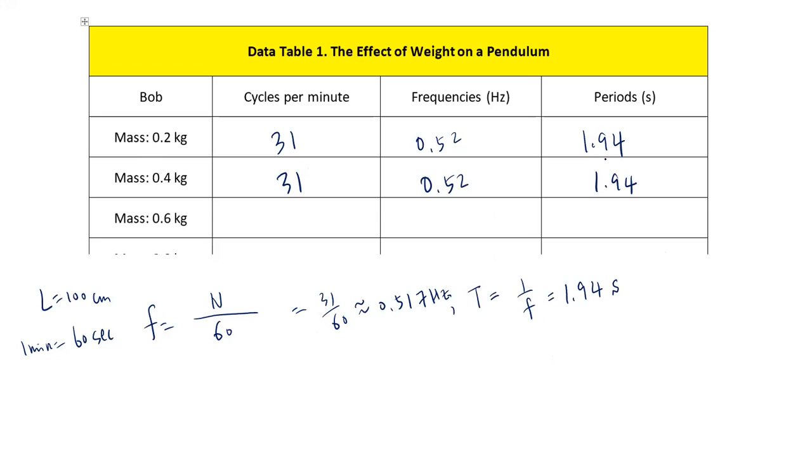You can also check the period the hard way, by counting without this, and then you can use a period timer. Yeah, 2.01 seconds. 2.01 is a little bit different from ours. Anyway.